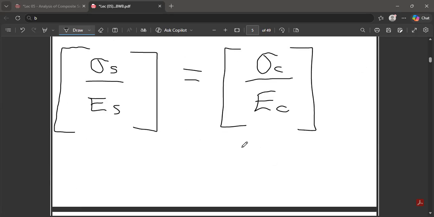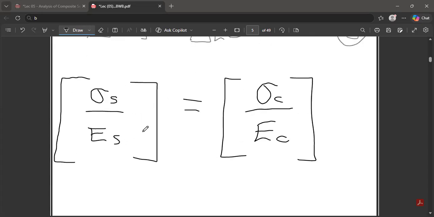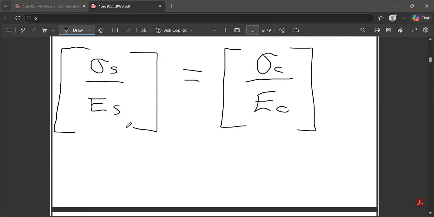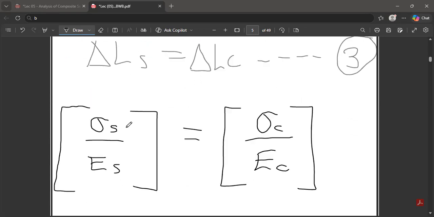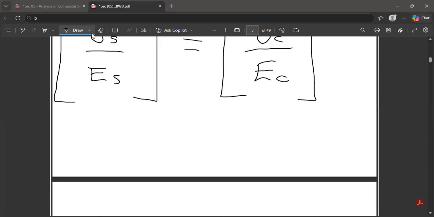So finally we can rewrite this in good terms, and we are good to go. I'm only saying this because we know the values. We know the elasticity of the steel rod. We also know the elasticity of the copper. So we can substitute that into the relation to make life much easier.